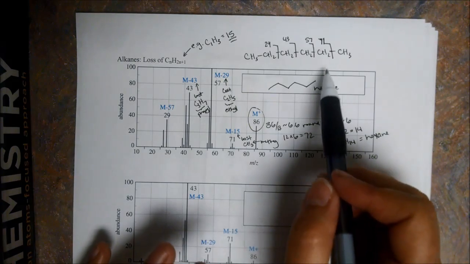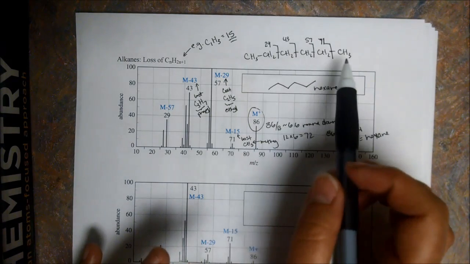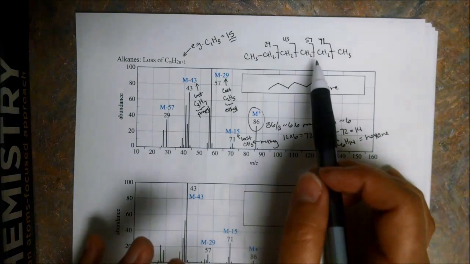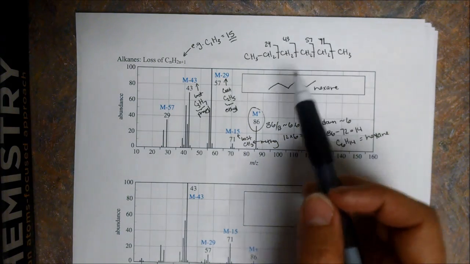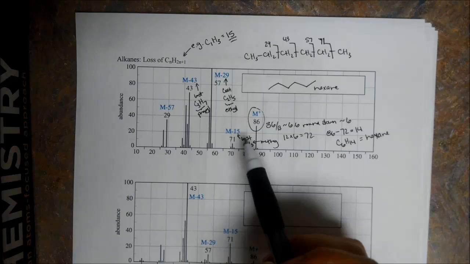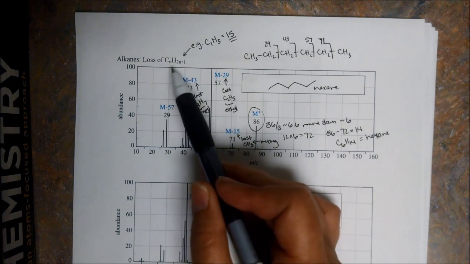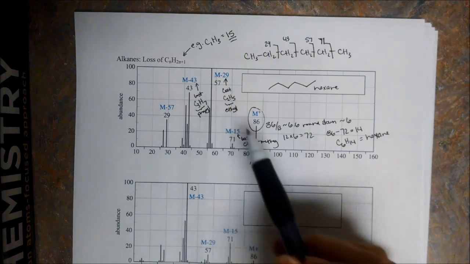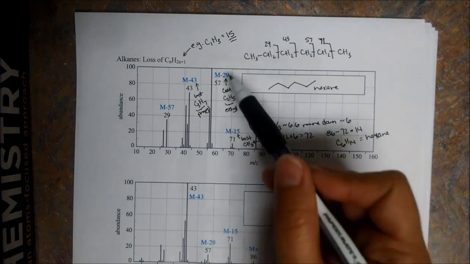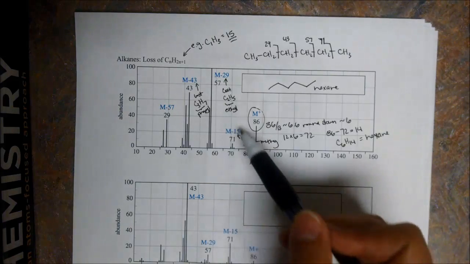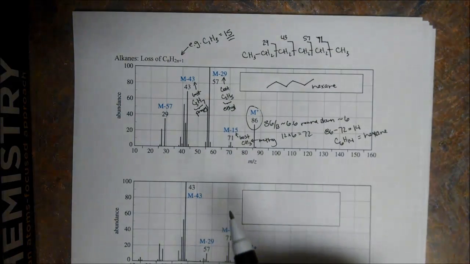Again, we are bombarding our sample with a ton of electrons, so it can fragment in all these different places, give rise to different cations, and we can detect those cations in the mass spec. They lose the mass corresponding to this formula, and so we get loss of 15, loss of 29, loss of 43, and each one of these corresponds to another carbon being lopped off.